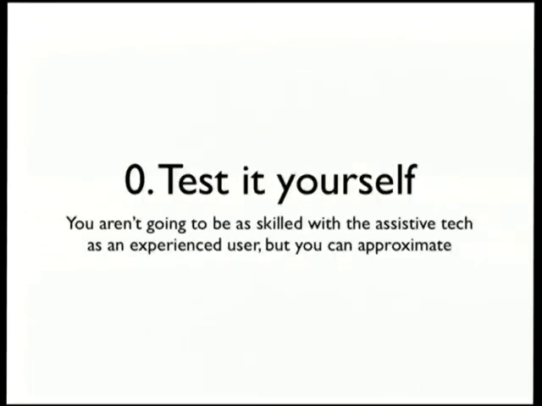Finally, if you take nothing else out of this session, if you forget every single point that I have just told you, if you disagree with me on every single point I just told you, remember this. Point 0 of making your website more accessible: test it yourself in the assistive technology. It is possible to get JAWS, unfortunately one of the more popular screen readers.